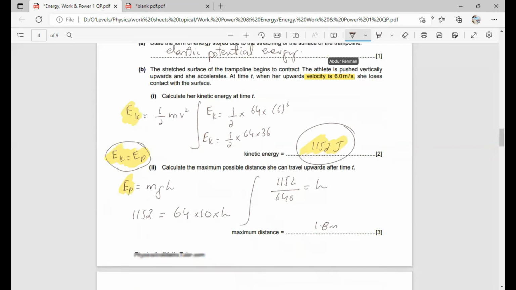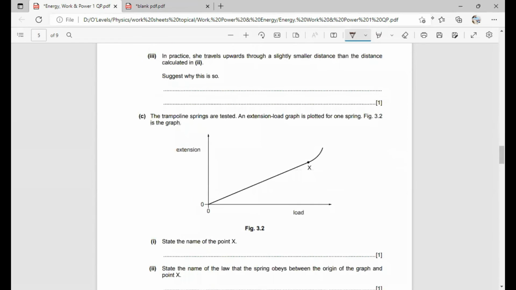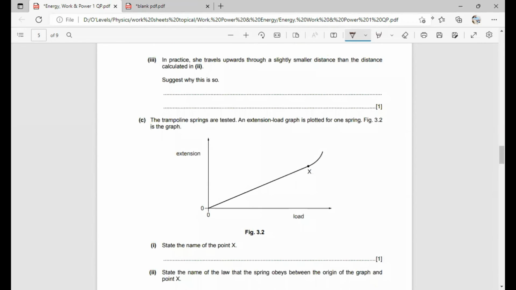Now in practice, she travels upward through a slightly smaller distance than the distance calculated. Why? We estimate that the person will get a maximum height of 1.8 meters, but there is a slightly smaller distance, and this smaller distance is because of the principle of conservation of energy.